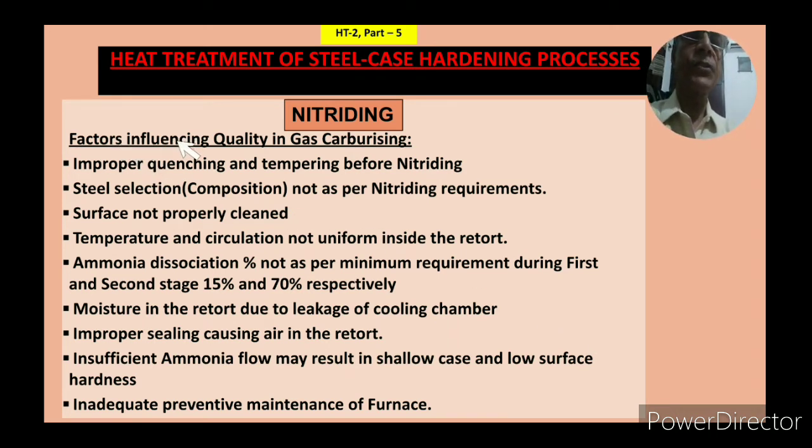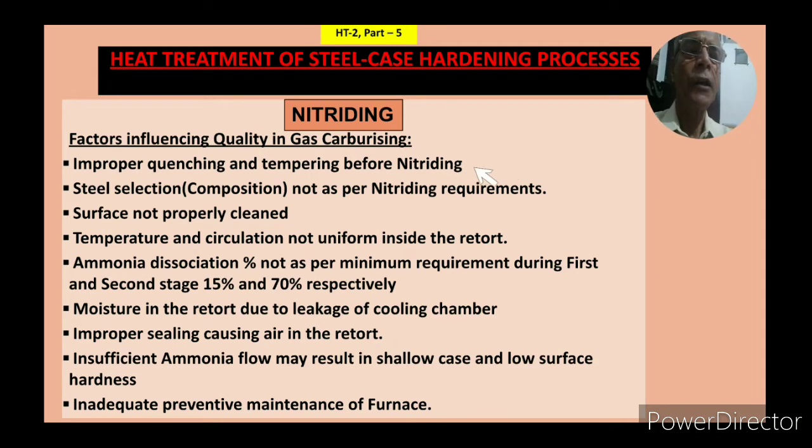What are the factors influencing quality in nitriding? First of all, improper quenching and tempering before nitriding. As I explained in the previous slides, before going for nitriding, you have to go for hardening and tempering.